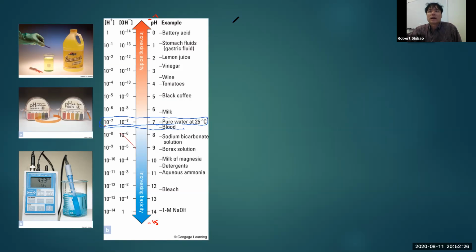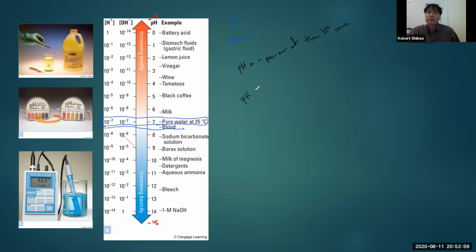P stands for power. It's a power function, the power of the hydronium ion concentration. And so one way of remembering pH is that it's a negative power. pH is equal to the negative power of the H plus concentration.